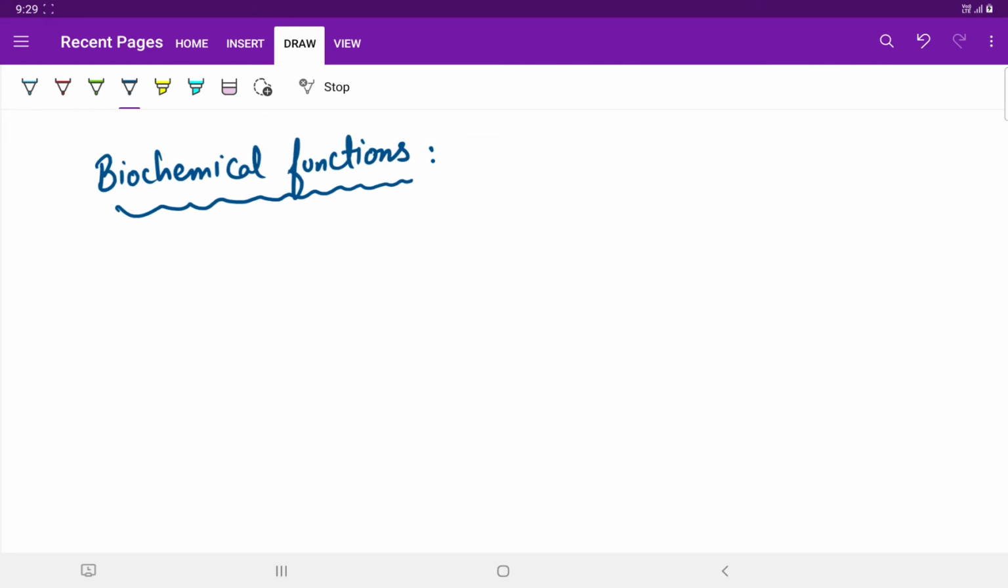It is a biotin dependent pyruvate carboxylation reaction that occurs in the presence of the enzyme pyruvate carboxylase. First is the case of gluconeogenesis. We all know that gluconeogenesis is the formation of glucose from non-carbohydrate sources, and it is linked to the citric acid cycle as oxaloacetate is formed in this.